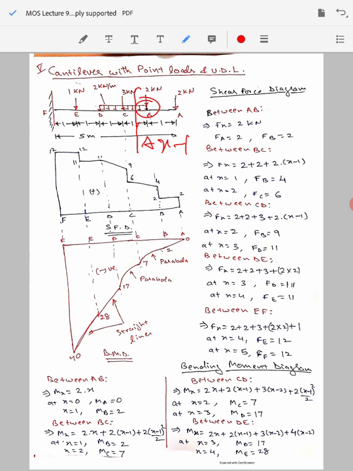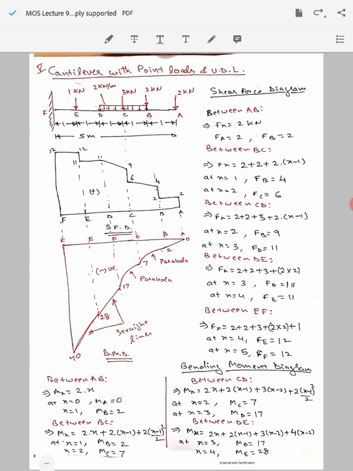So the distance over which this load is acting is nothing but x minus 1. So in this shear force equation we will have this 2 kilonewton per meter value multiplied by the distance, that is x minus 1. That gives the amount of load acting because of this UDL over this span. So the net sum will be 2 plus 2 plus 2 into x minus 1. That becomes our equation for the shear force for the span BC.